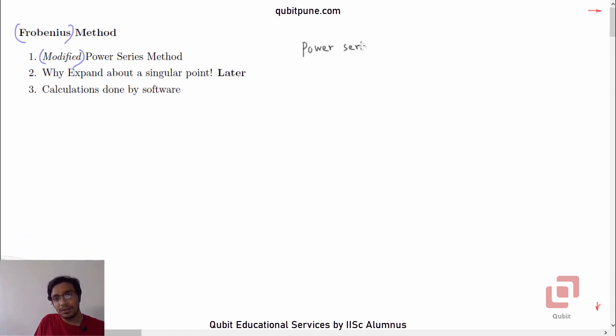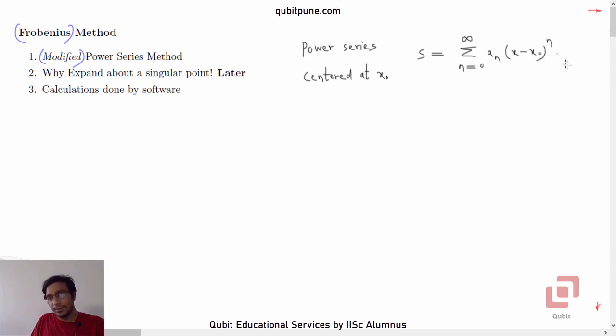By a power series centered at x0, we mean this: summation as n runs from 0 to infinity of a_n times (x minus x0) to the power n.